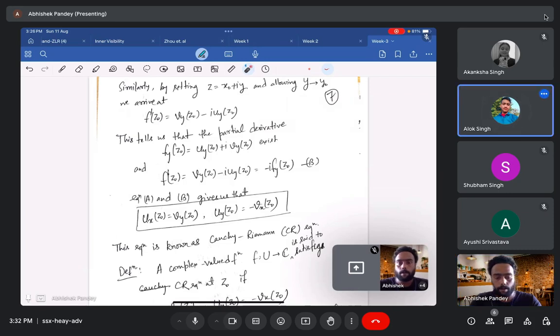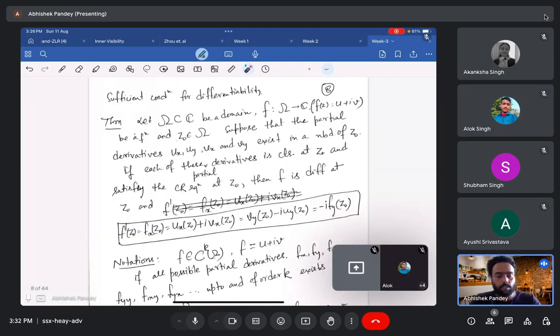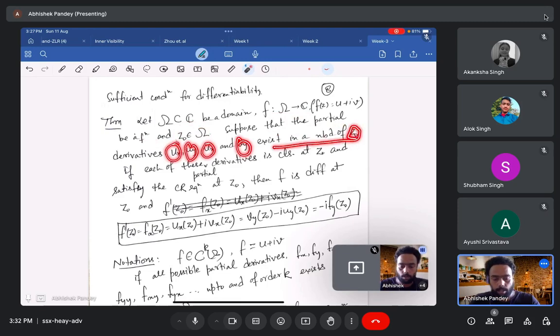Okay. Now we will see the sufficient condition for differentiability. So let omega, a subset of C, be a domain, and f from omega to C be a function and z naught belongs to omega. Suppose that the partial derivatives u_x, u_y, v_x and v_y exist in a neighborhood of z naught, and if each of these partial derivatives is continuous at z naught and satisfies the CR equation at z naught, then f is differentiable at z naught.